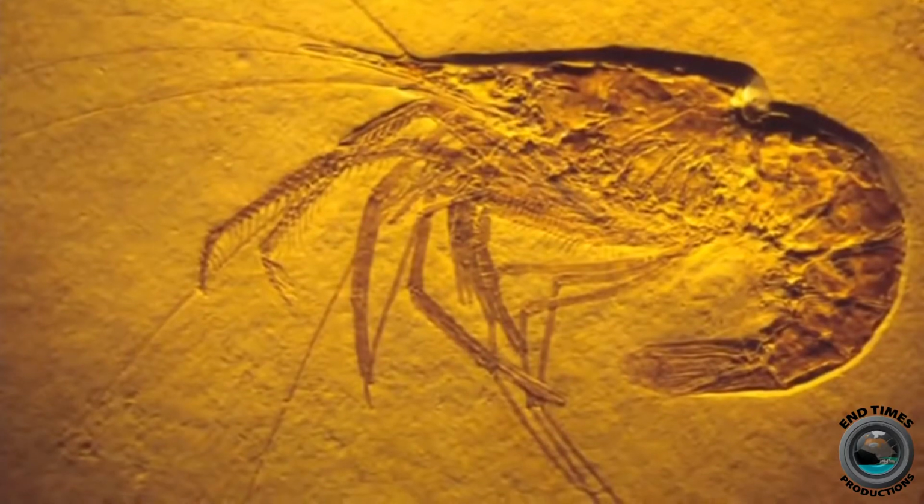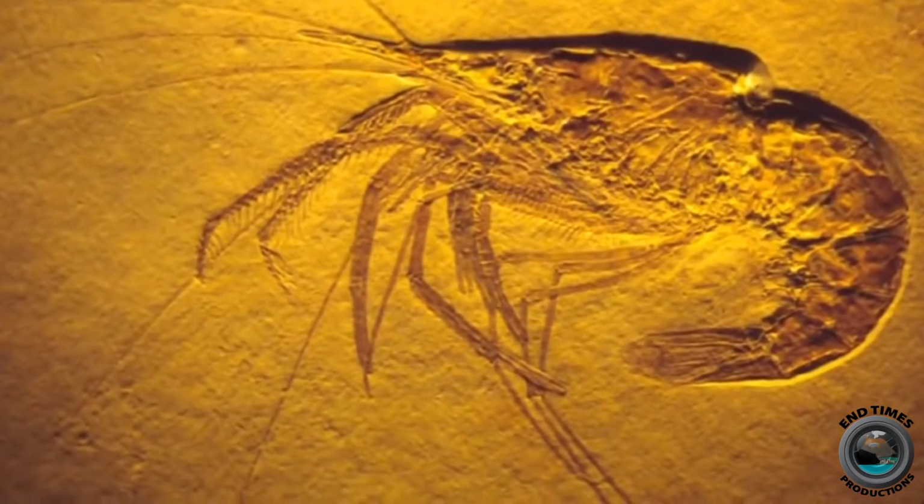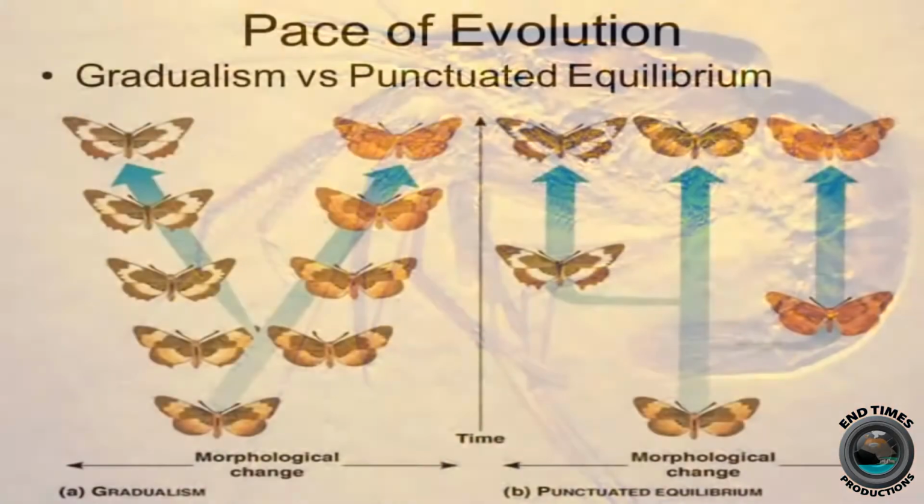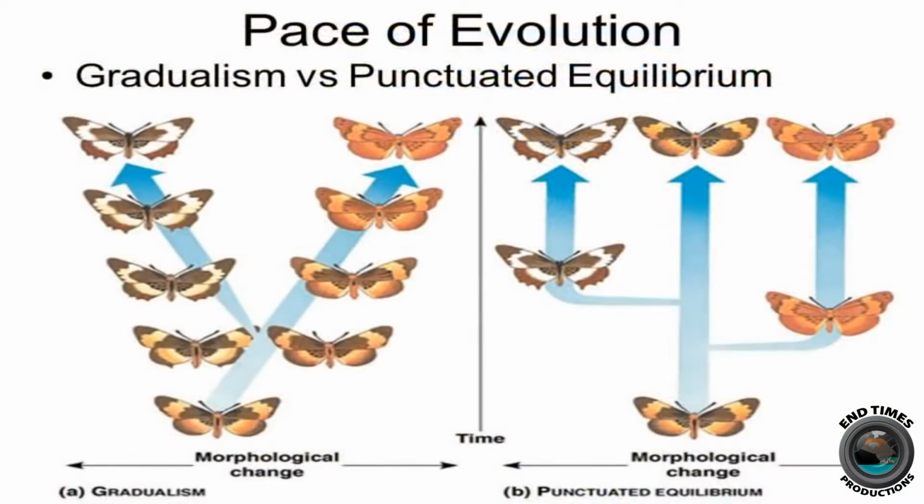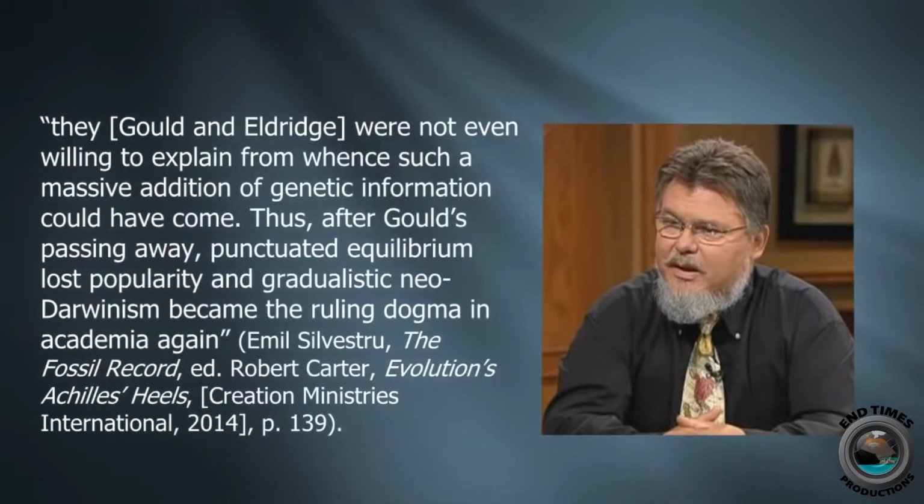Indeed, Gould admitted there are serious problems with the fossil record. Yet, he went on to claim that his punctuated equilibrium idea that evolution occurred through sudden big jumps could solve this problem. However, his proposed solution turned out to be erroneous as well. As Emil Silvestru notes, quote, "They, Gould and Eldredge, were not even willing to explain from whence such a massive addition of genetic information could have come."